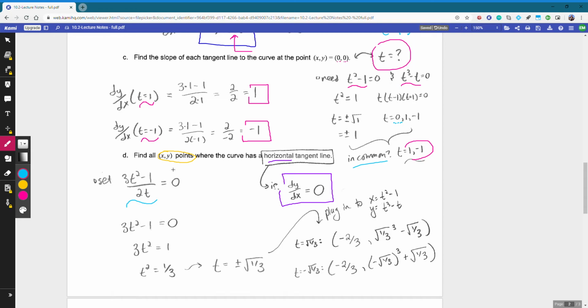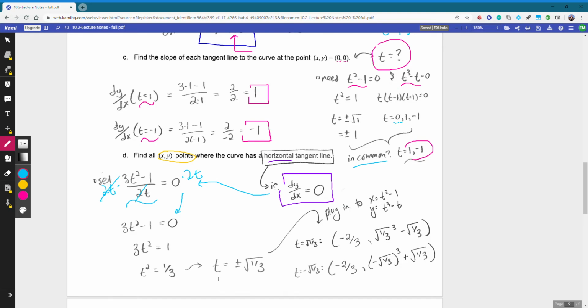We'll need to do a little bit of translating after solving our equation. So here, just multiplying both sides by 2t to clear out denominators, 0 times 2t is just 0. And so solving this equation, we get t is plus or minus root 1/3.